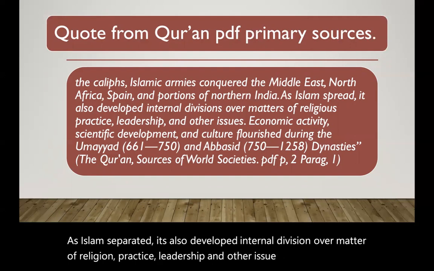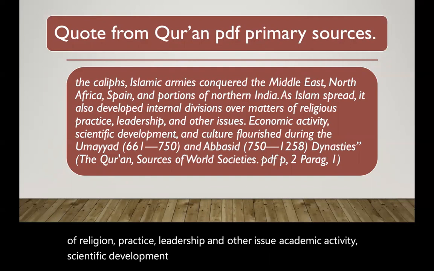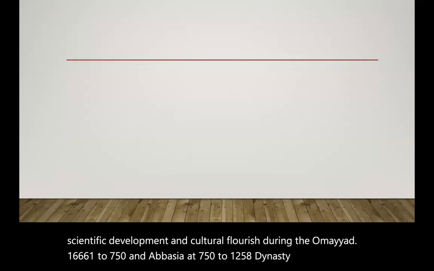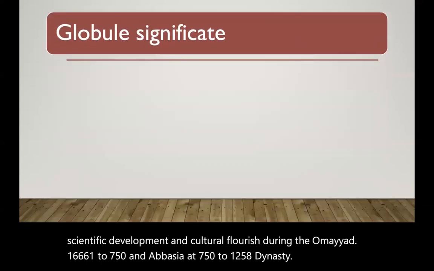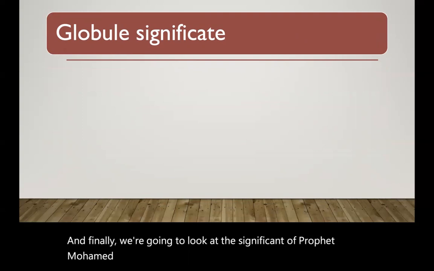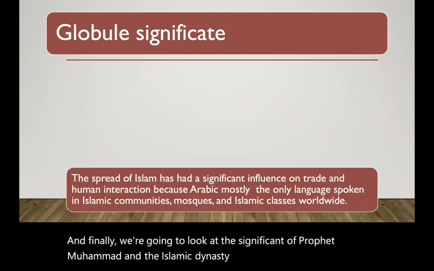Economic activity, scientific development, and culture flourished during the Umayyad, 661 to 750, and Abbasid, 750 to 1258, dynasties.